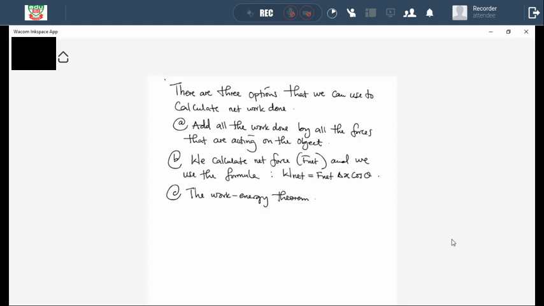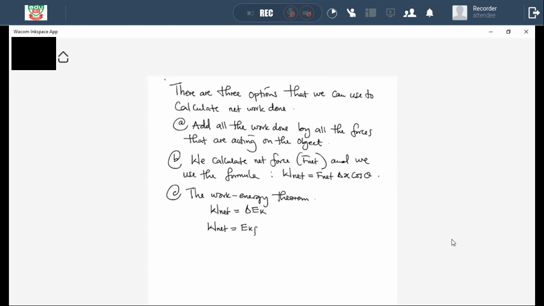So we are saying, according to the third option for calculating net work done, the net work done on an object is equivalent to the change in the kinetic energy of the object. So by formula, W net will be equivalent to delta EK. Just trying to expand the formula a bit. W net is equal to, how do we calculate a change in kinetic energy?